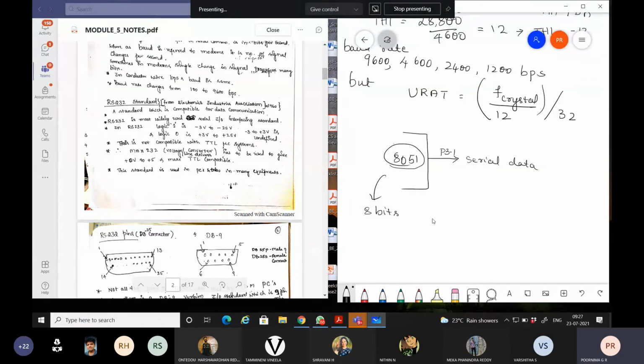This 8-bit data needs to be transferred to the serial port, that is P3.1. How? This 8-bit data, which is to be transmitted from the 8051 to the outside world serially, has to be loaded onto the SBUF register. Students, please remember, the SBUF register is an 8-bit register which supports serial communication, holding the data that needs to be loaded or transferred serially.